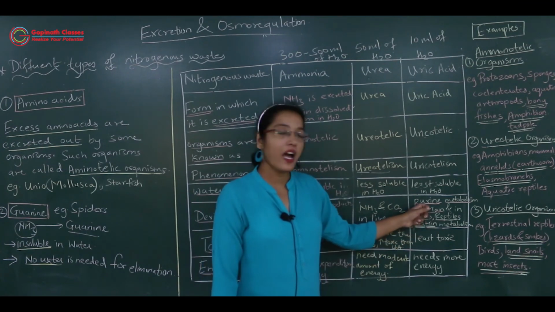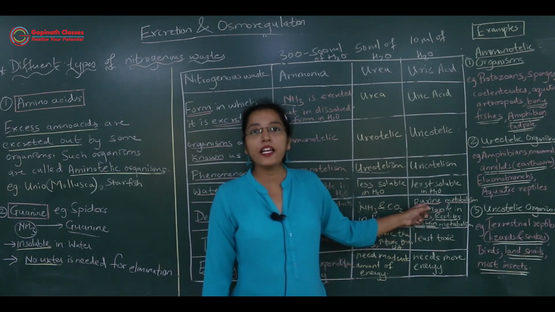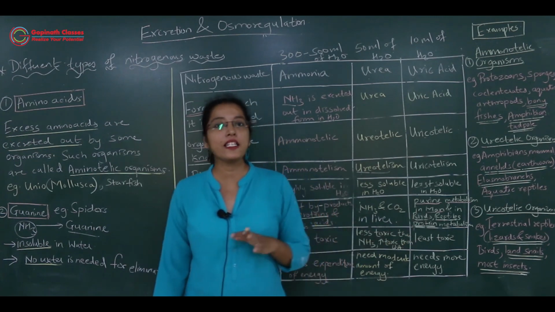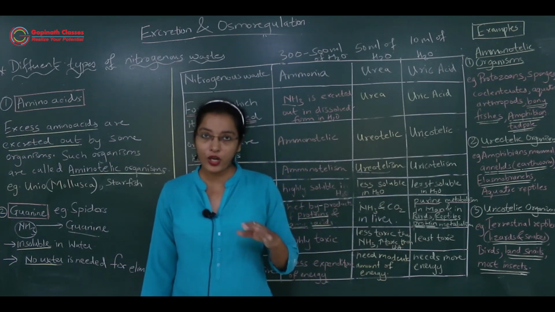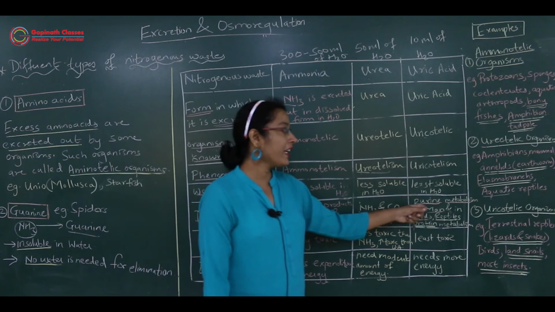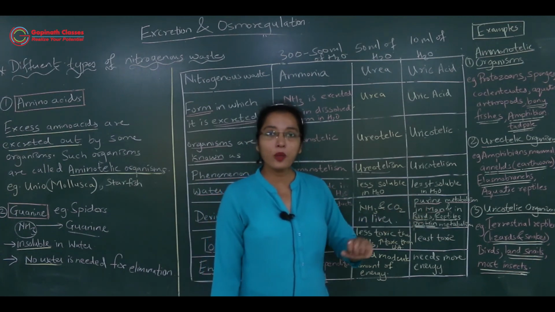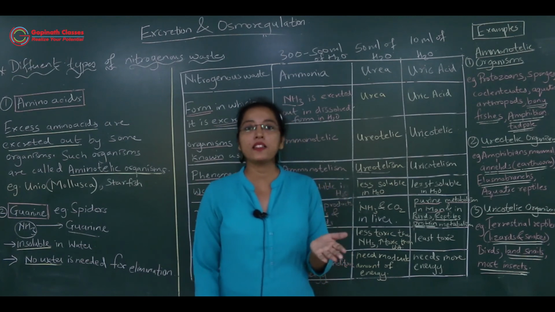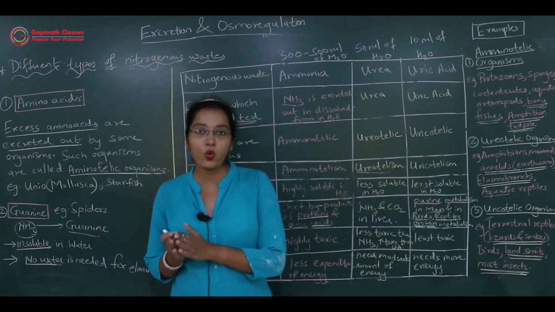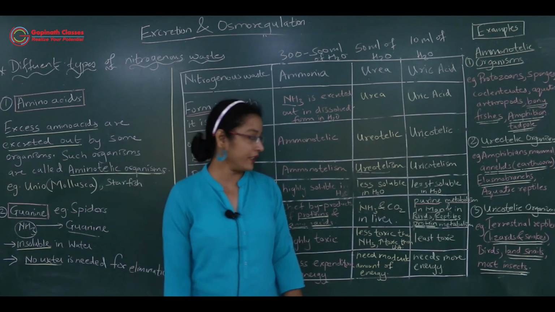Which are the purines? Adenine and guanine. If adenine and guanine become excess in amount in the body, they have to be removed, and they will be removed by converting these purines, adenine and guanine, into uric acid.